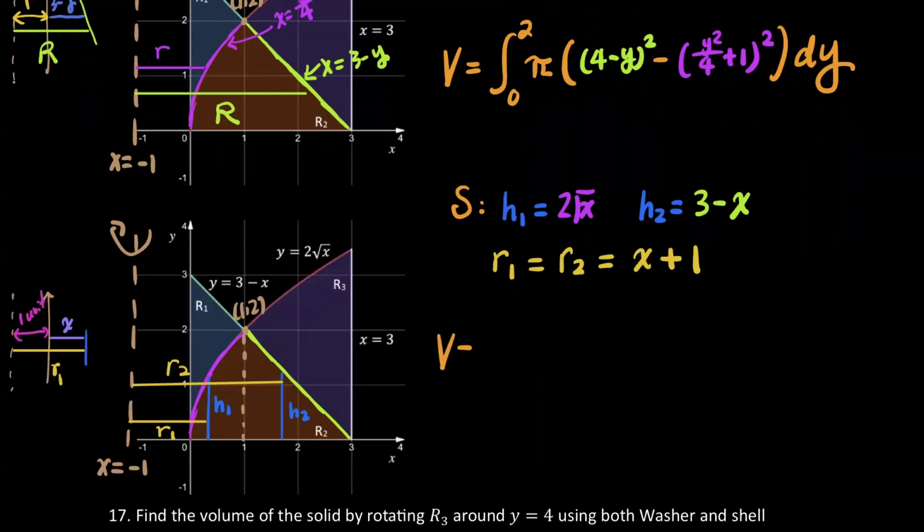To find the volume, we need 2 integrals. Okay, set up in terms of x. First one going from left to right, so 0 to 1, first portion, 2 pi r times the height. The first part, the height, is the pink function.